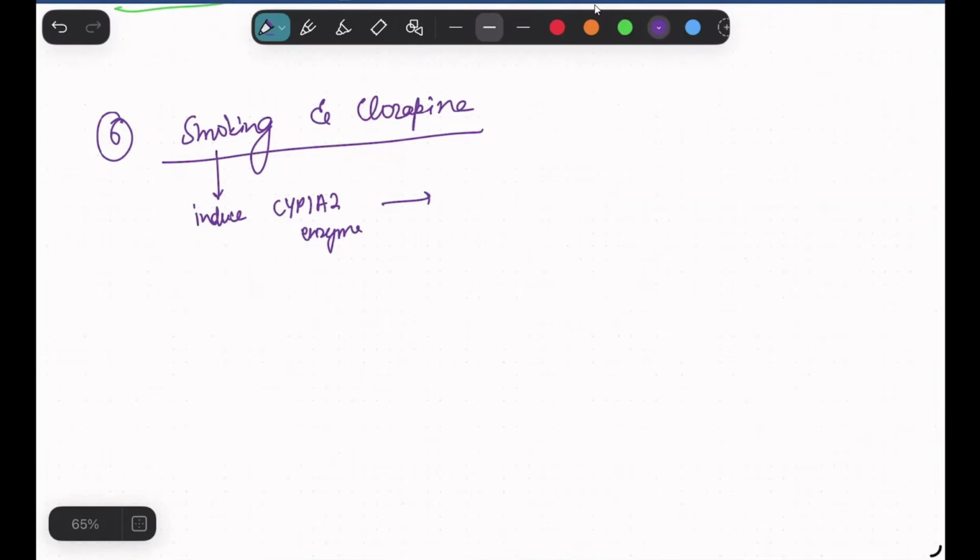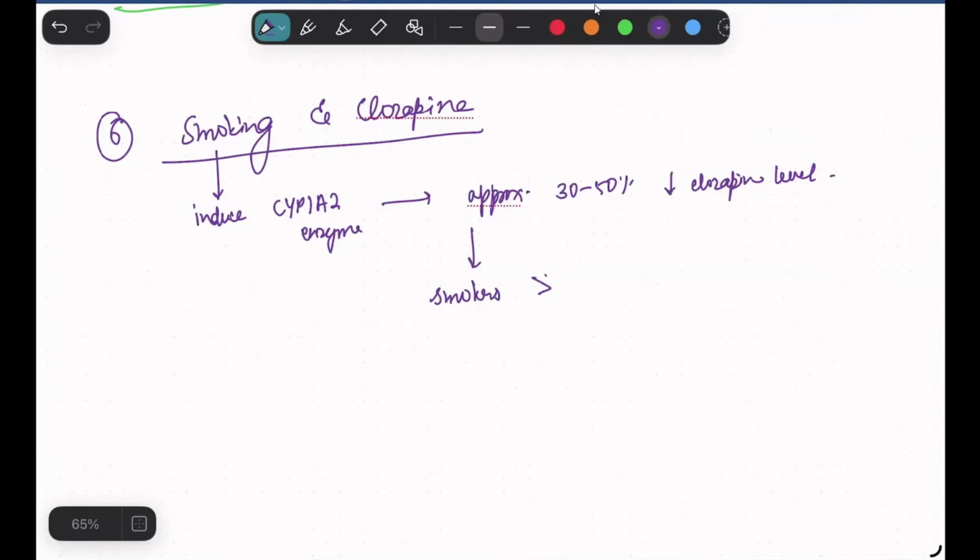By how much? By approximately 30 to 50%, it will decrease the clozapine level. So smokers may require higher doses than non-smokers.